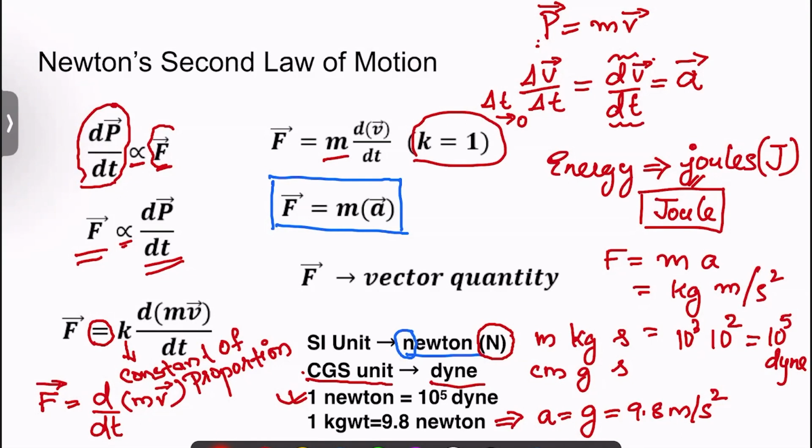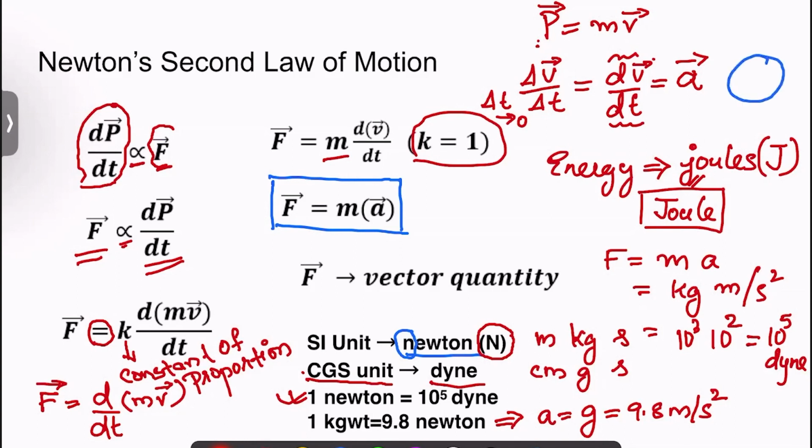Usually on Earth, the weight is a multiple of 9.8, because the Earth's gravity is 9.8 meter per second square.